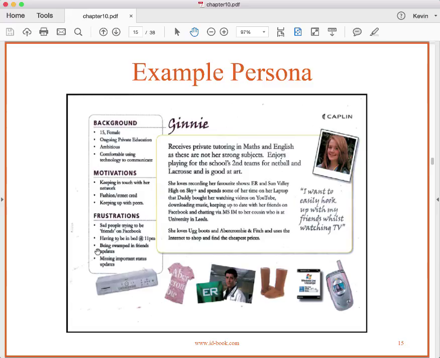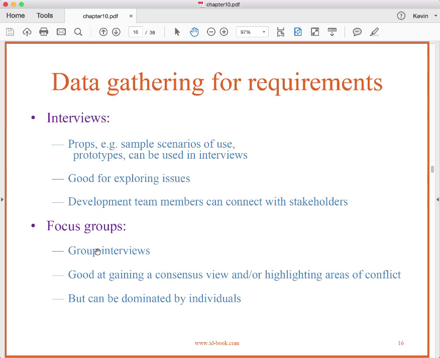She's got a whole write-up here, and we've even got some art to bring it alive. Now, whether this art has to do with the ways that Ginny's going to use the system, or whether it has to do with making Ginny seem like a live person, I'll bet that the Abercrombie shirt is the latter rather than the former, and maybe the Ugg boots as well.